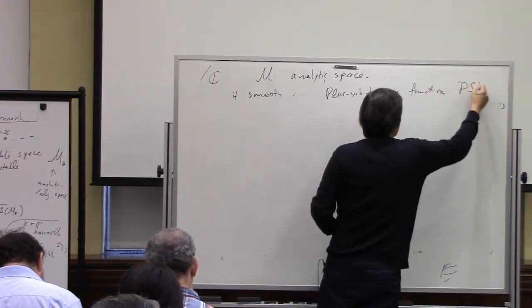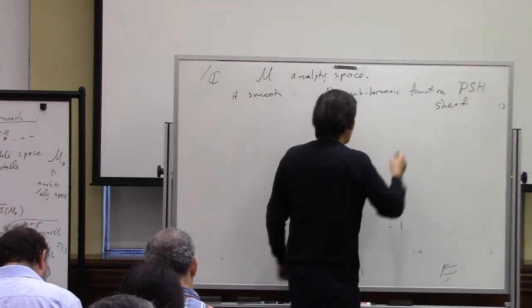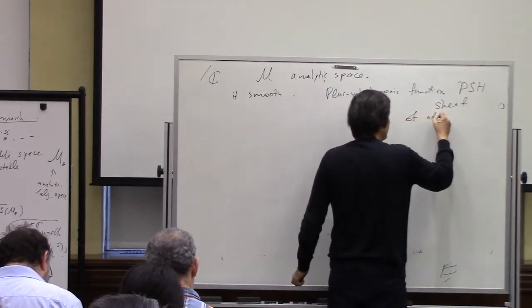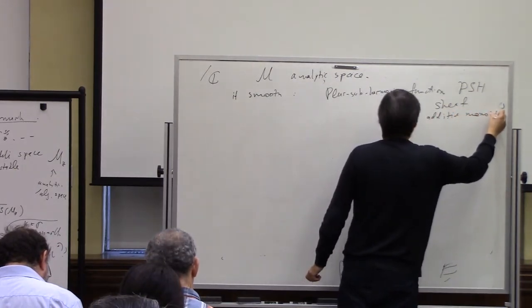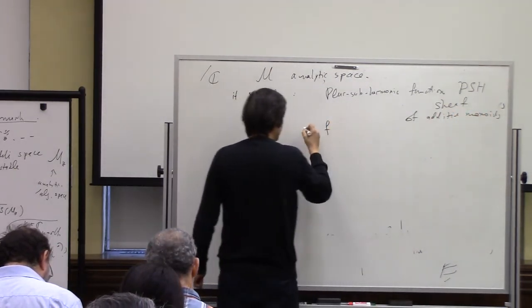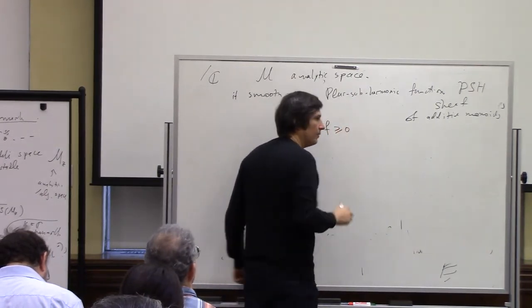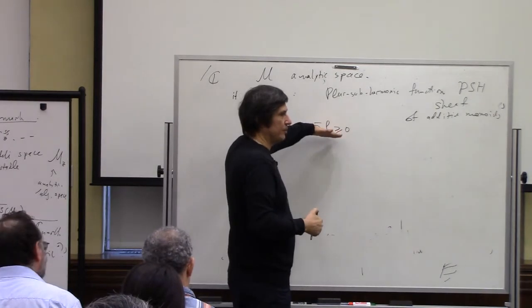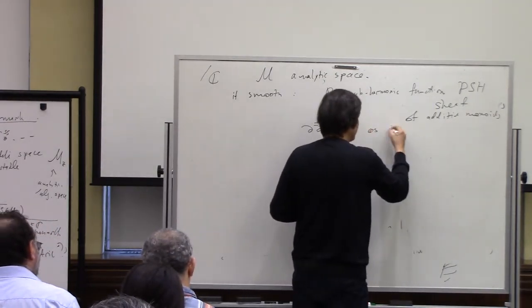They form a sheaf on my manifold of additive monoids. You can add pluri-subharmonic functions. So the condition means that you take a function, apply d d-bar, and get a non-negative 1-1 form, or you can take a kind of completion and get a non-negative 1-1 current.